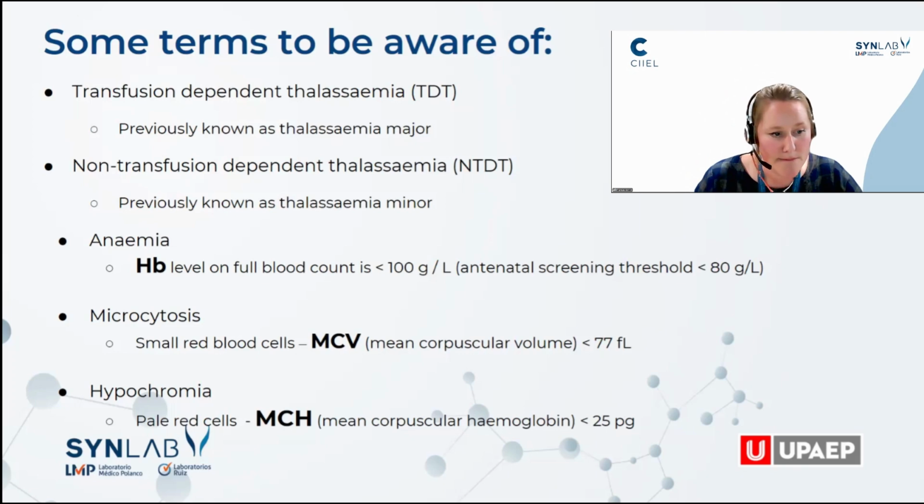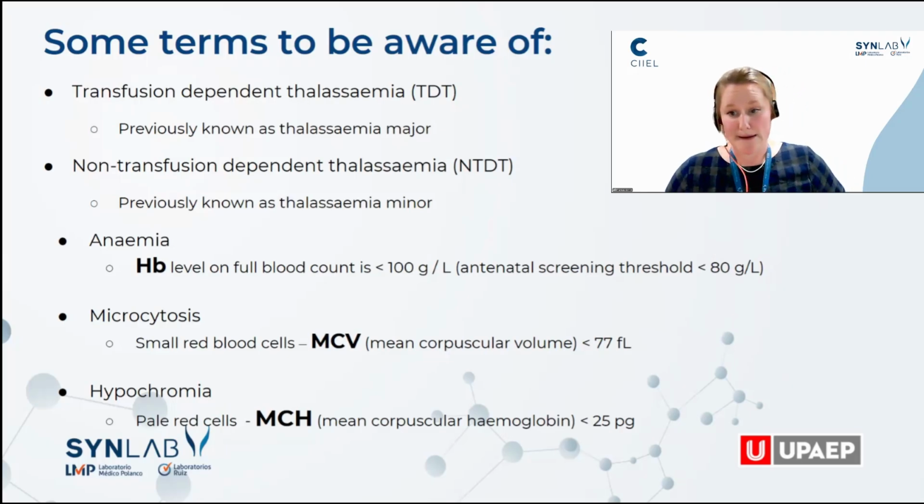Some other terms that are used quite a lot, and I'll use throughout the talk: anemia. This is where your hemoglobin level on your full blood count is less than 100 grams per litre. There is a slightly lower threshold for antenatal screening, just because of how common anemia is during pregnancy.